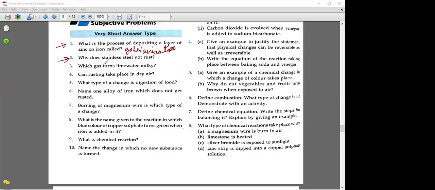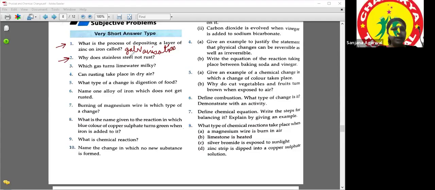Yes, ma'am. Okay, fine. It is mixed with other metals, and carbon is also part of it. Carbon is not as reactive as oxygen, which protects it. If it is not prone to reaction with other materials like moisture, air, and different gases, then the stainless steel is safe.